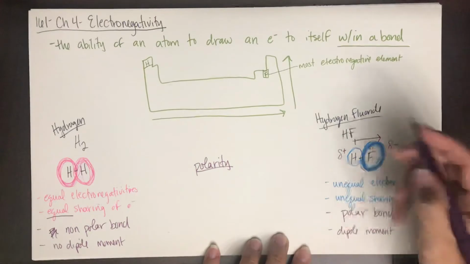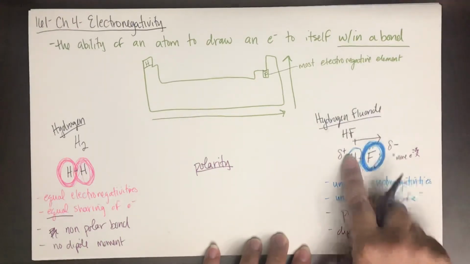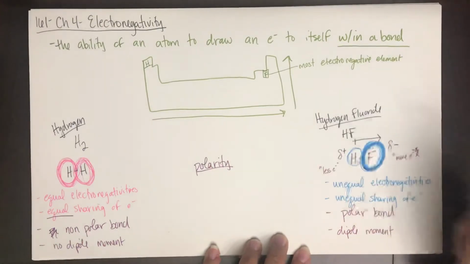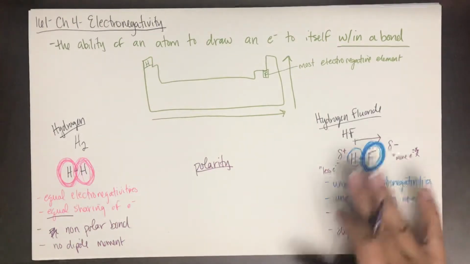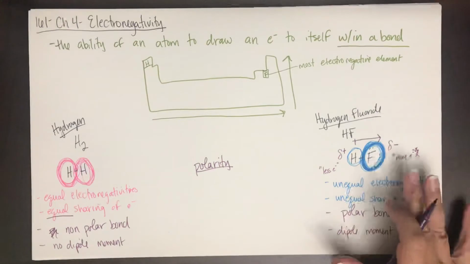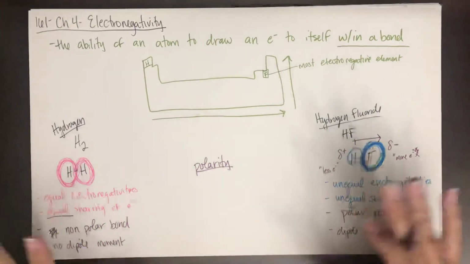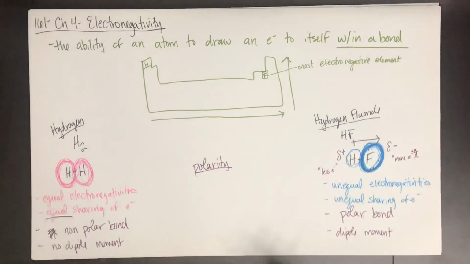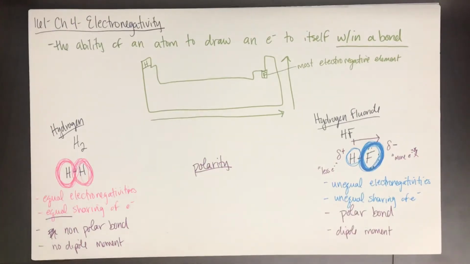This side would be less electronegative, more positive, because it would have fewer electrons. This polarity is going to be really important when we start talking about molecules and shapes of molecules in Chapter 5. But this is polarity in a bond. If you have differing electronegativities, that is a polar bond. If you have similar electronegativities, that is a nonpolar bond.